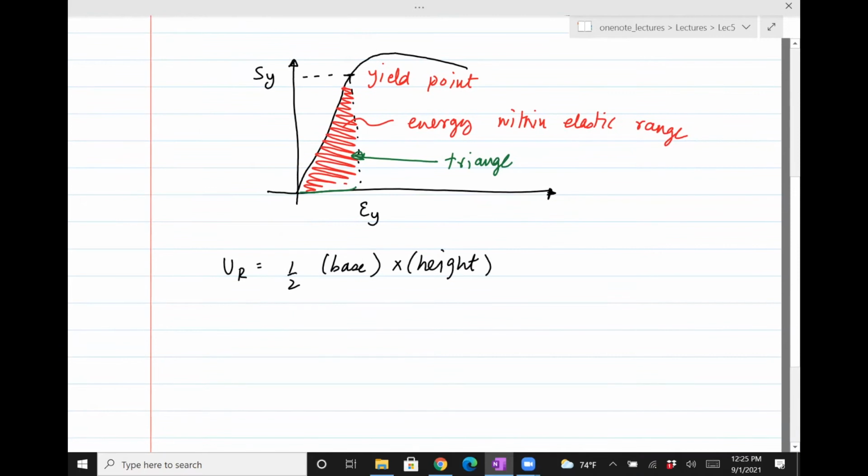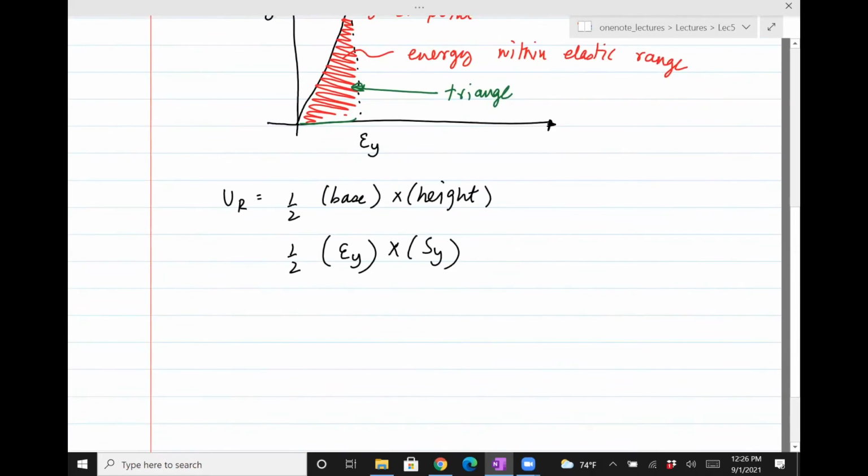Okay, so it turns out that the area under the curve is actually energy per unit volume. If you want to find the total energy, you just have to multiply by the volume of the material. So half, the base is the strain, the height is SY. But we know that the strain is the stress, in this case the yield strength, divided by the Young's modulus, which we call E, times SY.